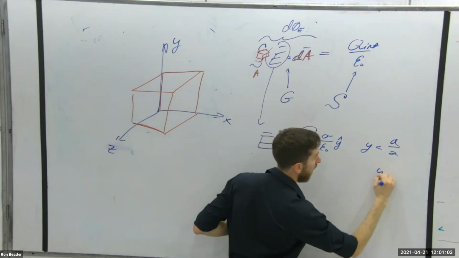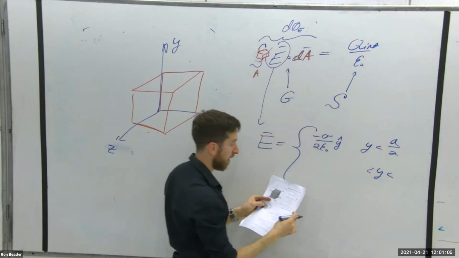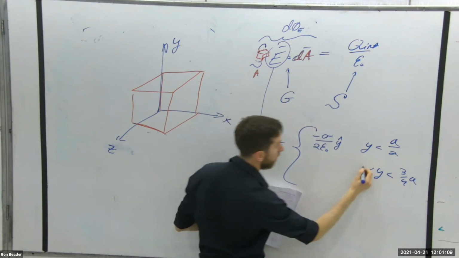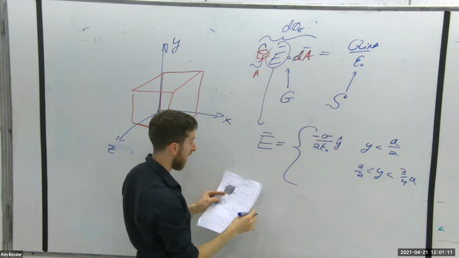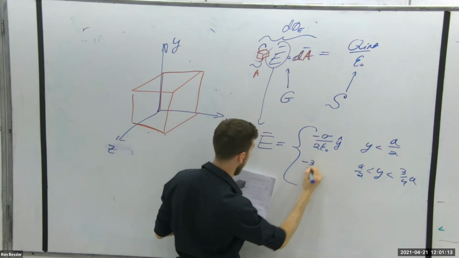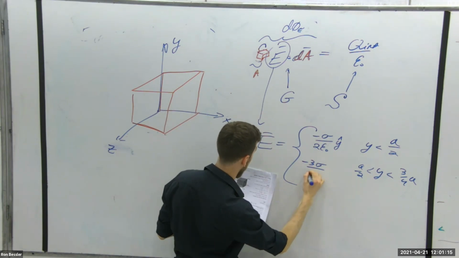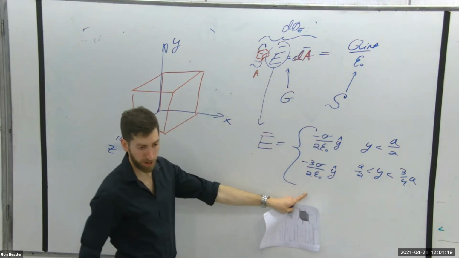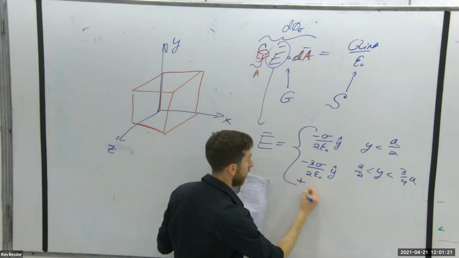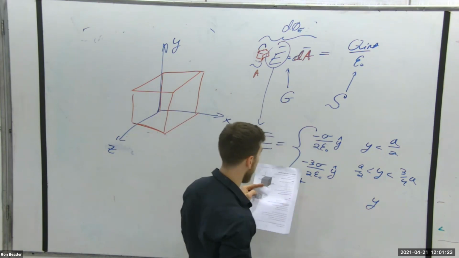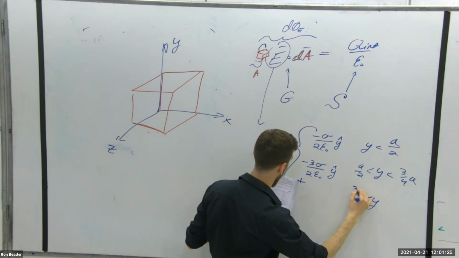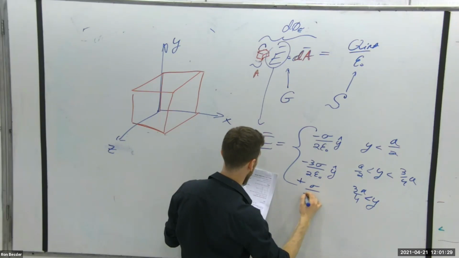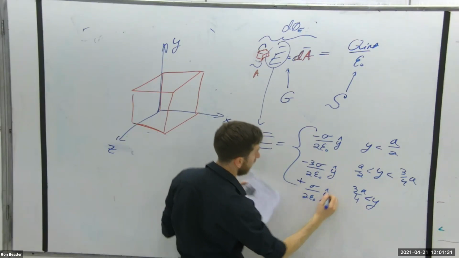And when y is bigger than 3a/4, its magnitude is sigma over 2 epsilon naught in y.